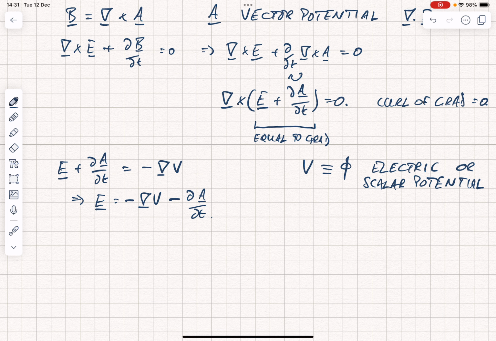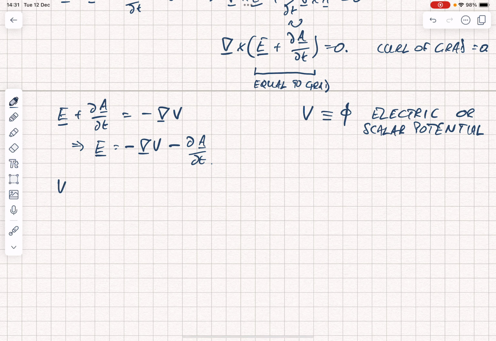So that's very familiar. So we define V, or sometimes phi, and if I write it as a phi and you notice, please forgive me. This, as we said, is the scalar potential.